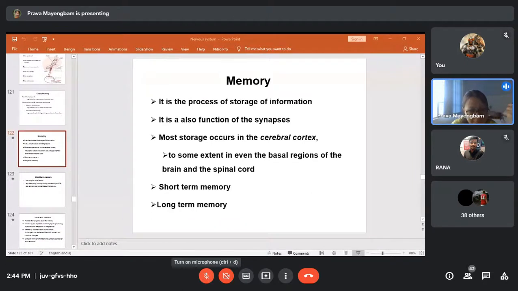Short-term memory is something like events that happened when you were studying in class 10, 11 or 12, but you don't remember now. Compare the memories of these two. One is the information stored from your childhood that you still remember, and that kind of memory is long-term memory.